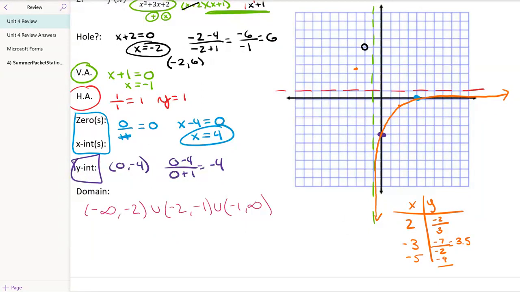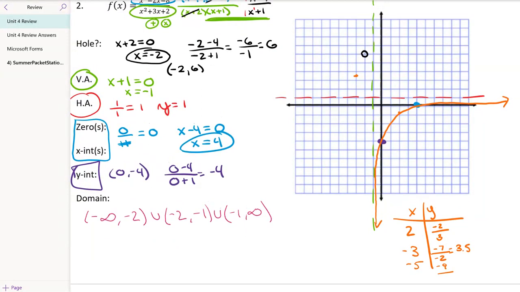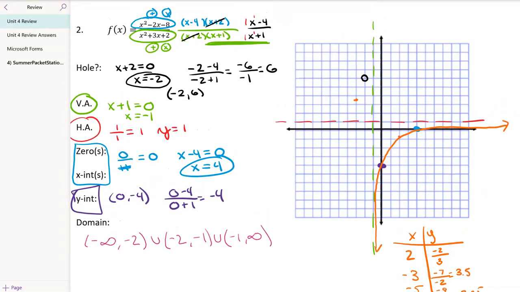And then -5 plus 1 is -4, which equals positive 2.25, 2 1/4. So 1, 2, 3, 4, 5, and 2 and 1/4. So this is probably going to look something like this.